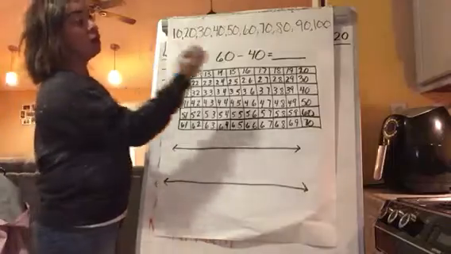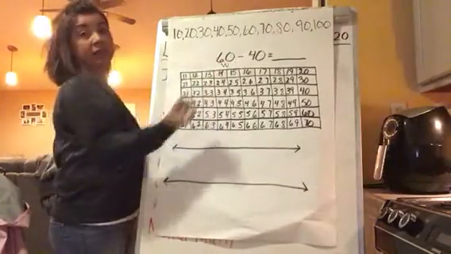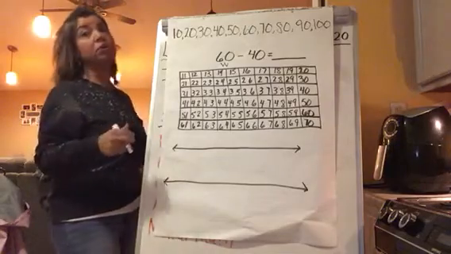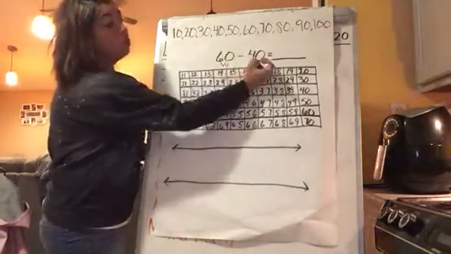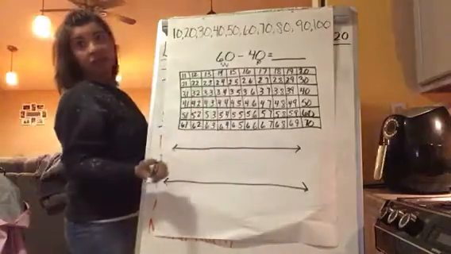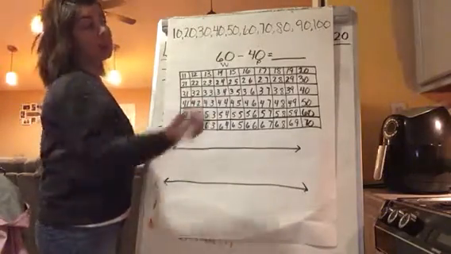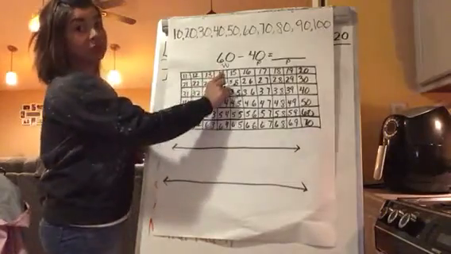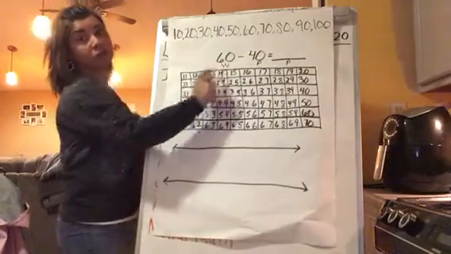We know that the whole is 60 because it's the biggest number and we always subtract from the biggest number. So we know we're starting out with the whole. And one of our parts is 40, and then we're missing a part.